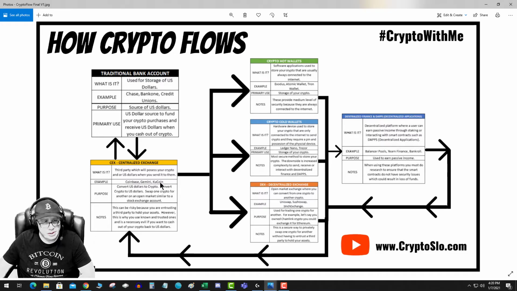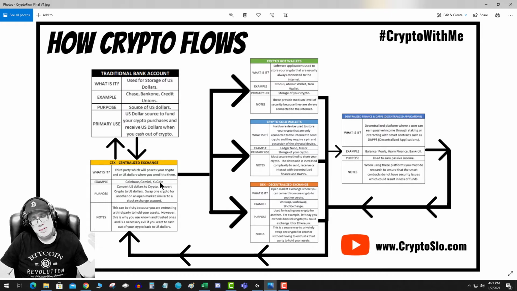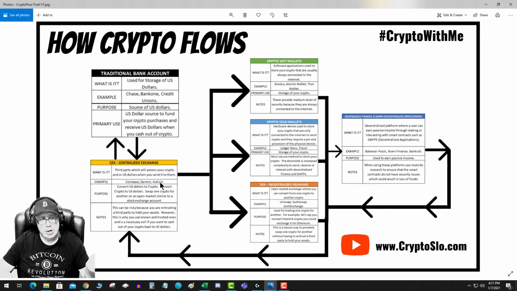Another important thing: these are highly regulated. When you sign up for your Coinbase account, you might even have to take a selfie of you holding your driver's license to prove that you're a real person. This is to adhere to AML, anti-money laundering rules, and what is known as KYC, or know your client.